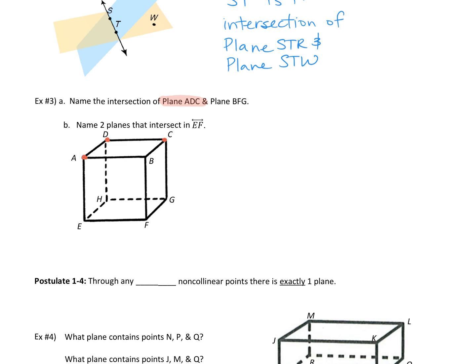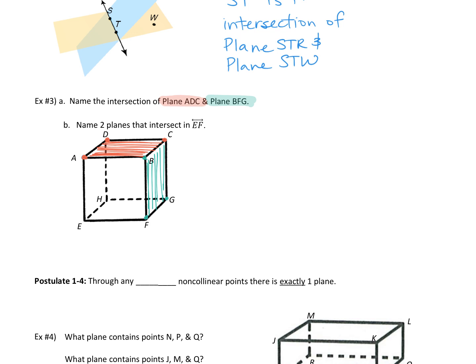If we're picking those 3 points, we're picking this plane. Okay, so that's plane ADC. Then we also have plane BFG. Where is BFG? Top, bottom, left, right. It's the right side. Here's B, here's F, here's G. So that's this plane. Okay, the question is, what's their intersection?